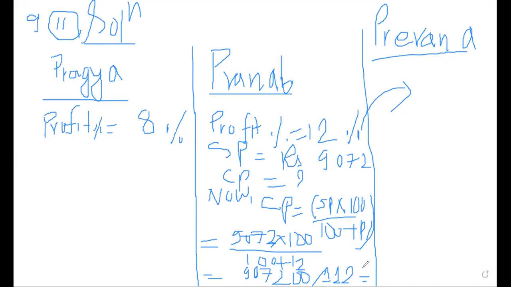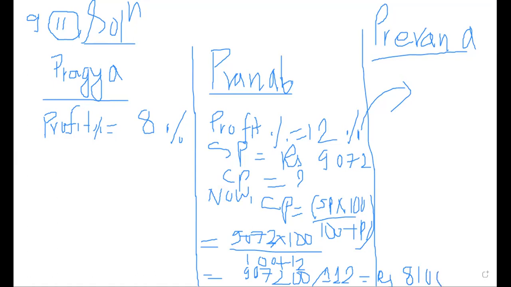You divided 907200 by 112 and got 8,100, right? Look here, children.